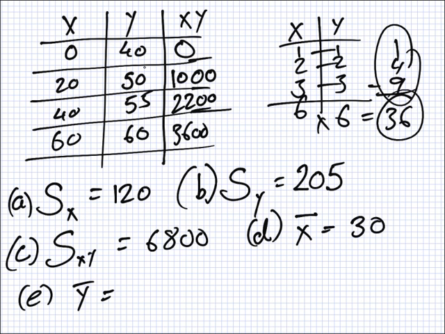It was 51.25, wasn't it? Now, another practice one, calculate XY's average. Now, we have them here, don't we? So add these together and divide by 4. What do we get?